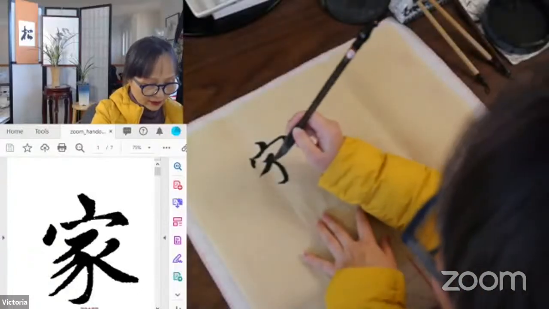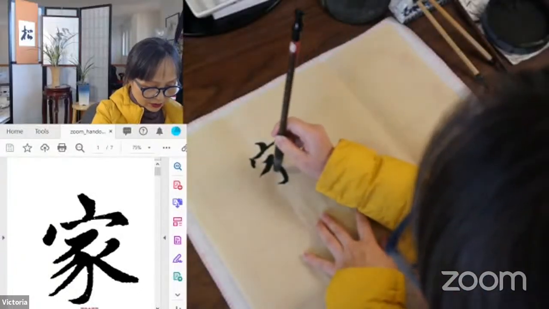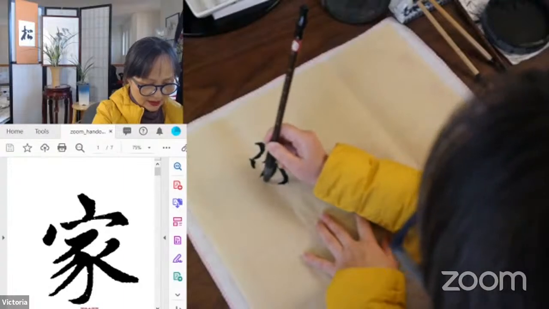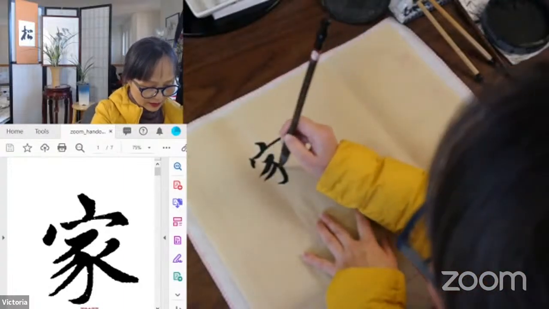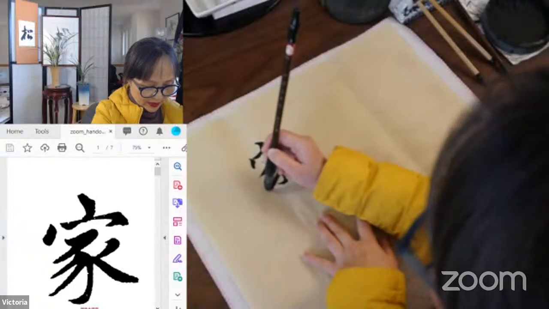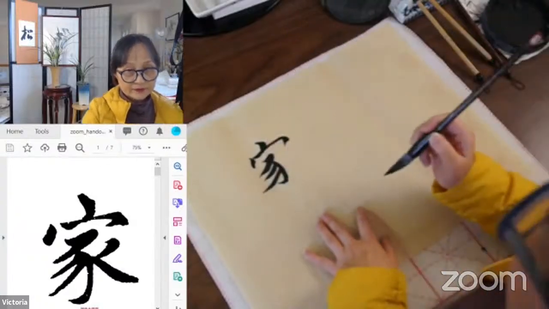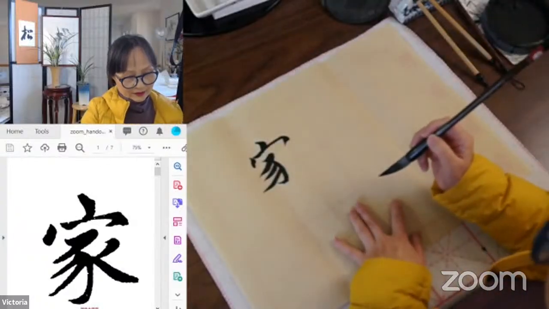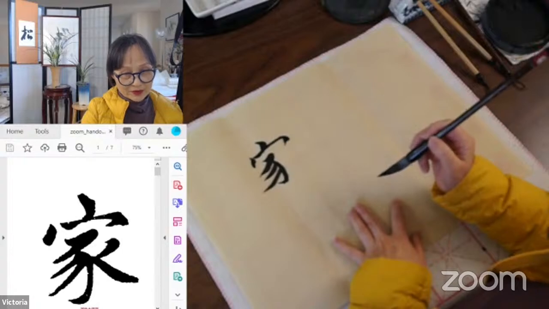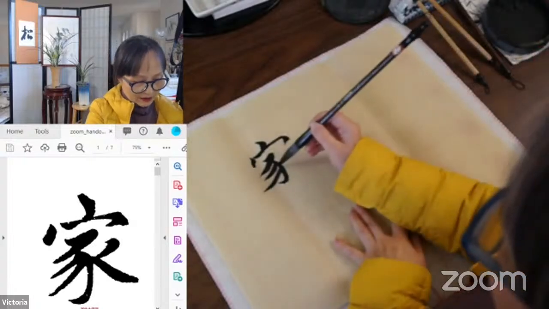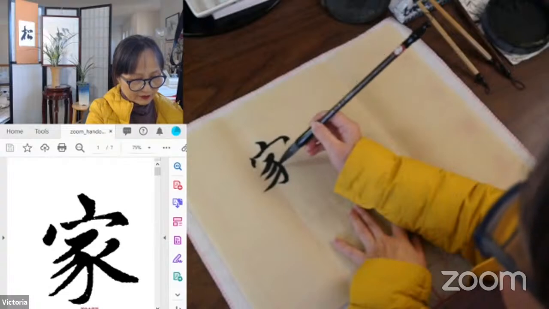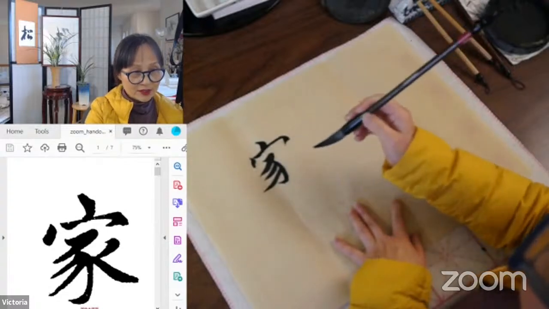And then two slants to this side, the lowest one longer. I didn't do it very beautifully. It should be closer, from kind of the same point.